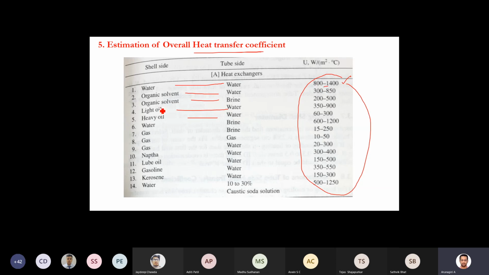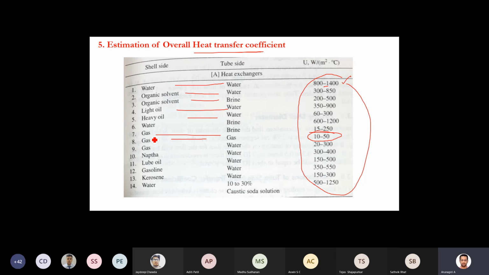Similarly, for different combinations: organic solvent water, light oil water, heavy oil water, water brine, gas brine, gas. You see, the overall heat transfer coefficient will be on the lower side, 10 to 50 watt per meter square. For a gas exchanger, because the resistance is higher, you have to provide extended surface.